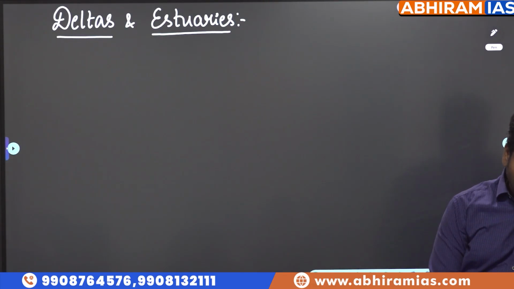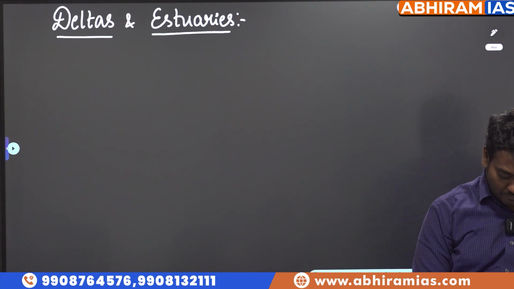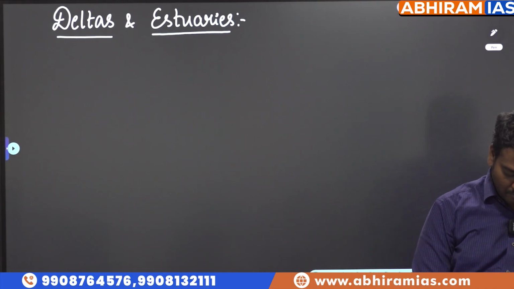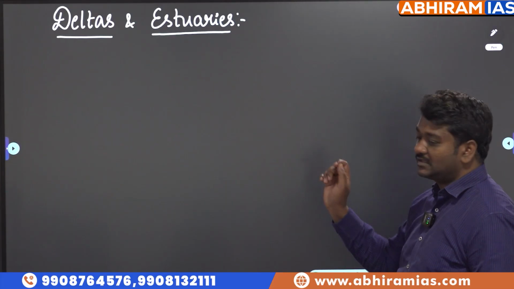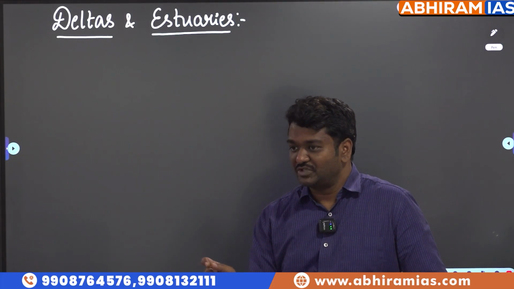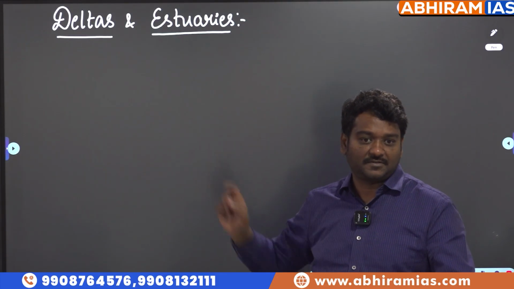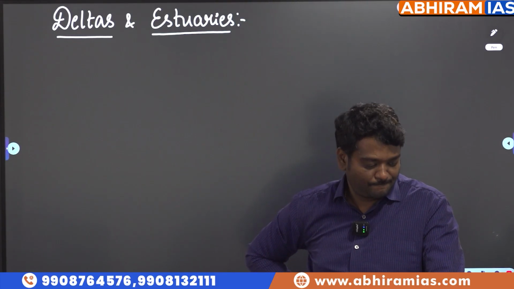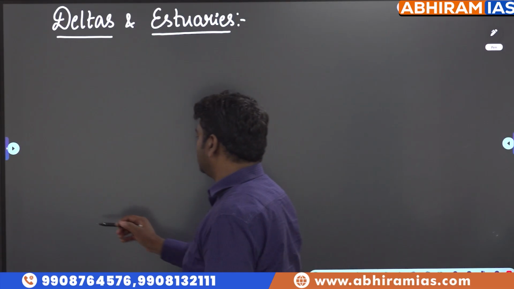Then it forms deltas. Okay, so this is about youth, mature, old terms. Next, you write deltas and estuaries.